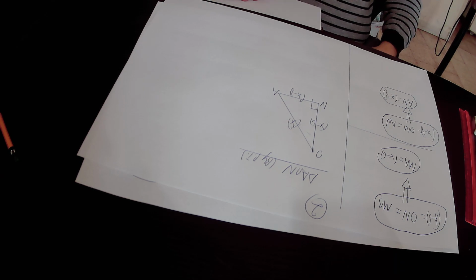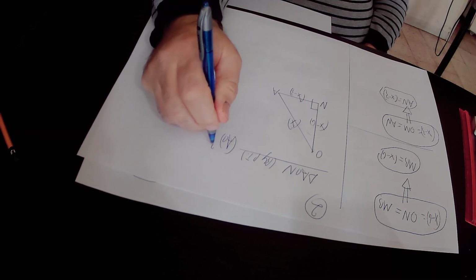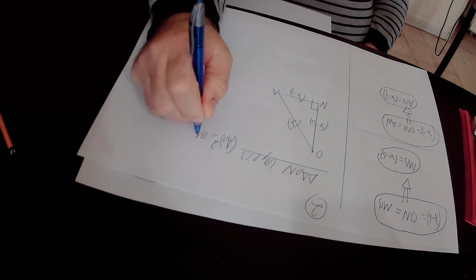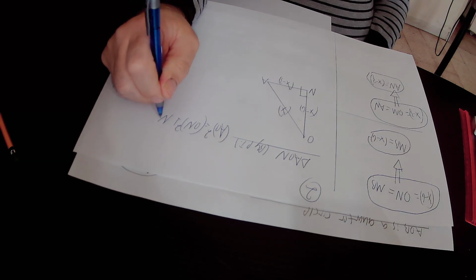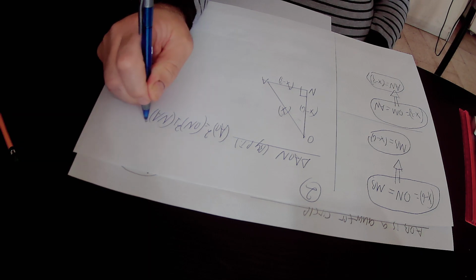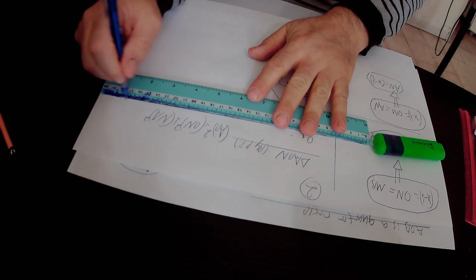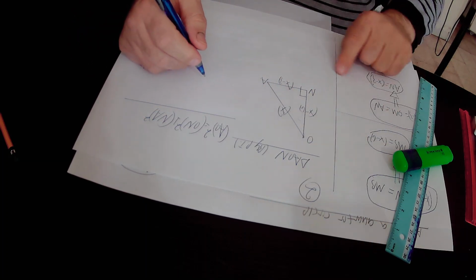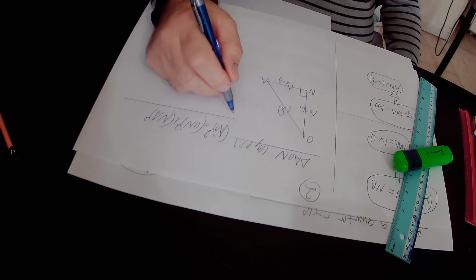So according to the Pythagoras theorem, AO squared equals ON squared plus NA squared. AO equals x, therefore AO squared equals x squared.